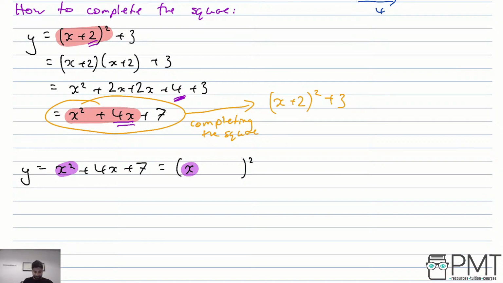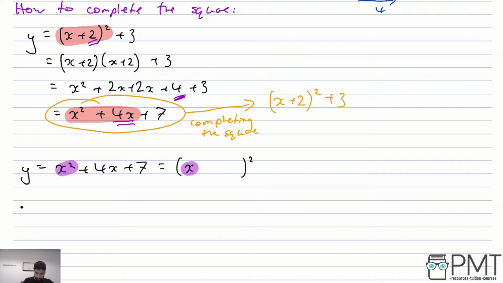I'll write these as steps. So the first thing is writing x squared, and x goes into the bracket. So that's always the first one. Then the second term you need to consider is this one. So you need to look at what's in front of x. We have got a 4 here.